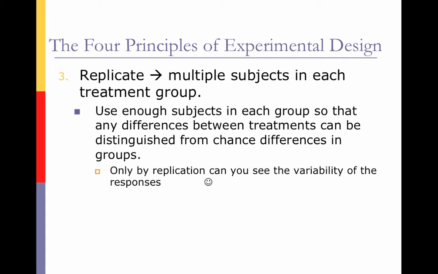If we have 10 people in each group, yes, maybe the placebo effect worked on one person, but the other people didn't report any change in their headache, so then we can average it, and then we can find the average response time for the headache to go away. And in that case, we can take the averages and see that the medication did actually work, or maybe it actually did not work, but we can see it better if we have multiple people within each group as compared to just having one person.